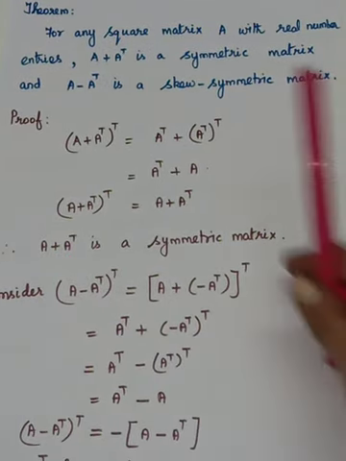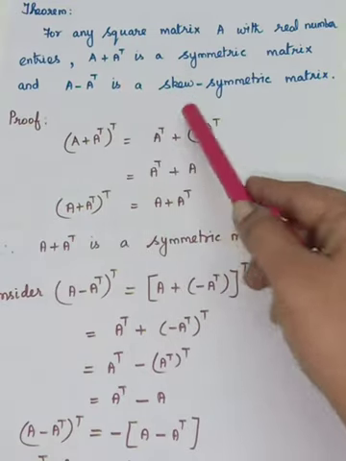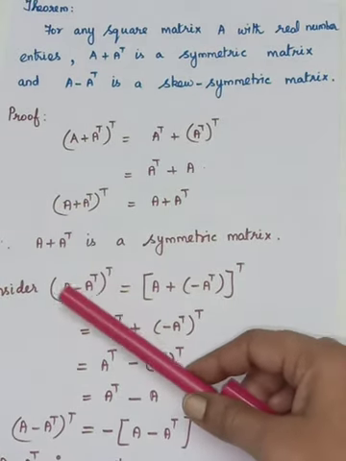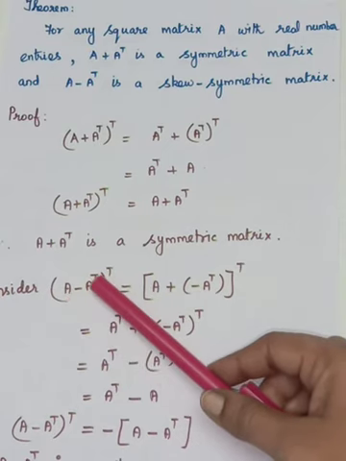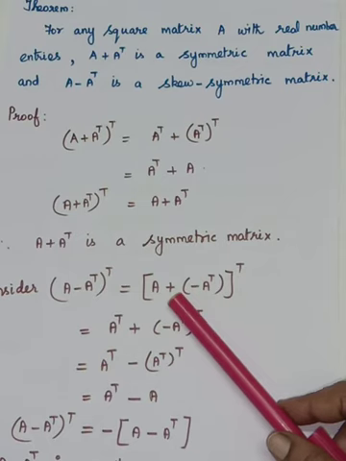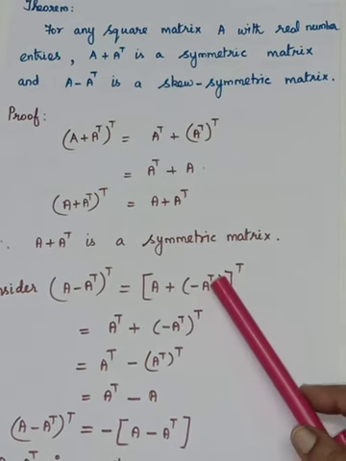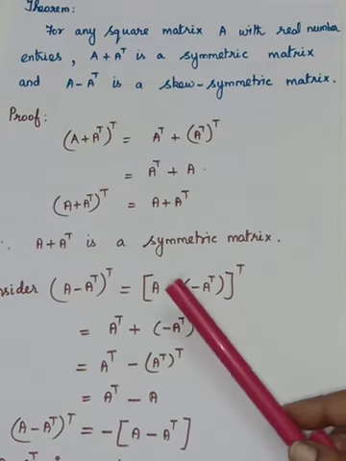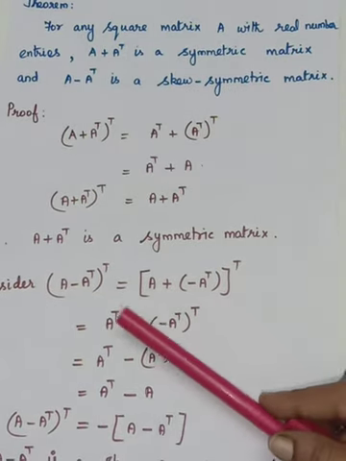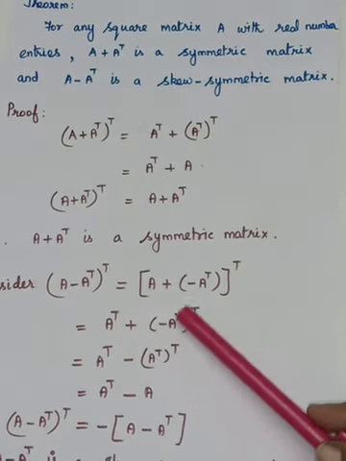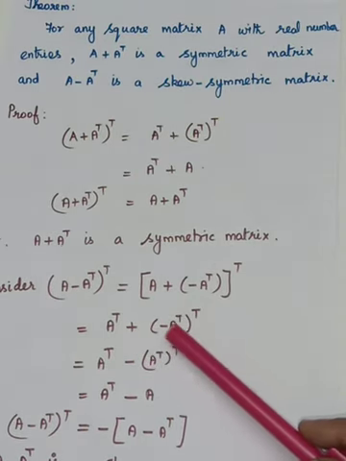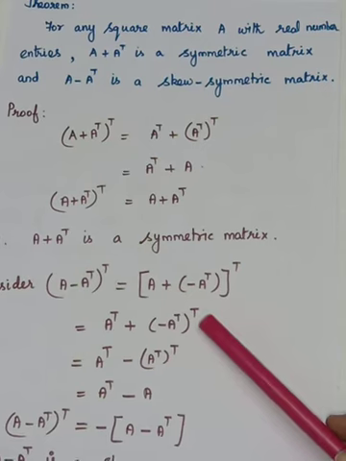Next you have to prove A minus A transpose is a skew symmetric matrix. So I will consider the transpose of A minus A transpose. Here you are having minus, this can be written as plus minus A transpose. If you use A plus B the whole transpose is equal to A transpose plus B transpose, it is A transpose plus minus A transpose the whole transpose.